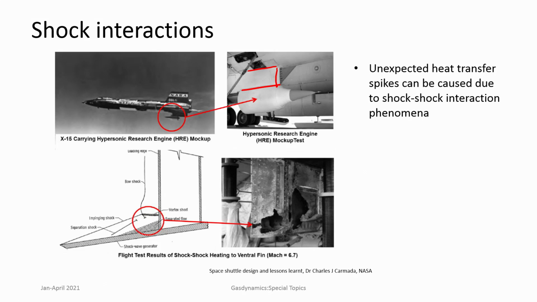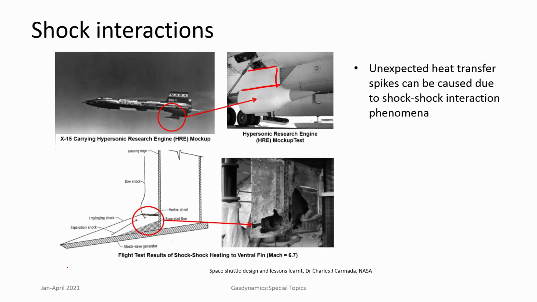Then what happens? When very high speed flow is occurring, you will have shocks from various such protrusions over the body, and there will be an overall enveloping shock also, and these shock waves can interact with each other.